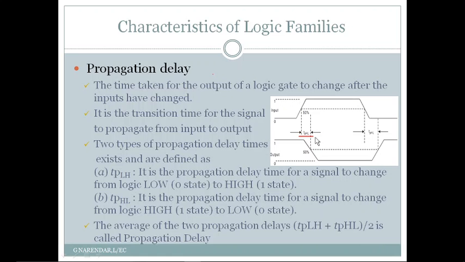So TPHL is here the propagation delay of the logic gate when the output is changing from high to low. TPHL gives the propagation delay of the logic gate when it is measured between 50% transition points of the input and output signal.